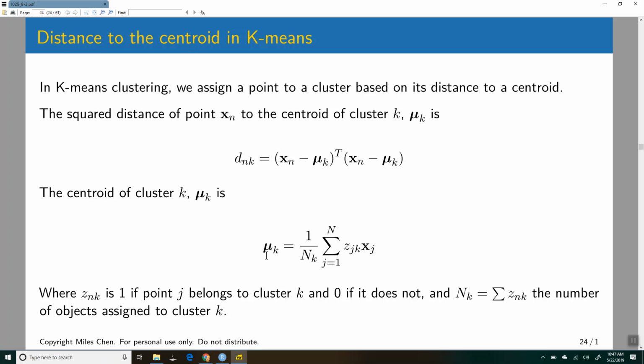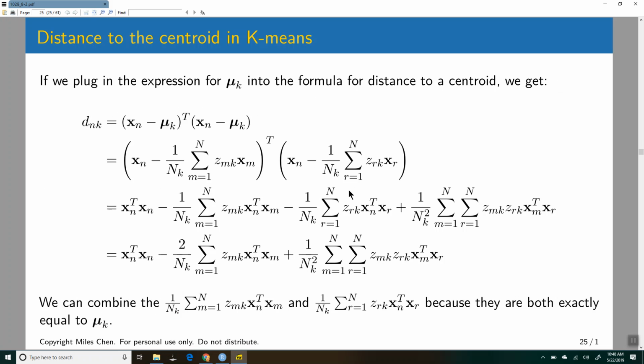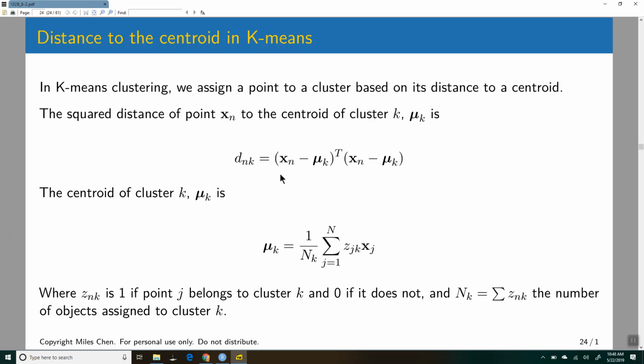And again, it's weird. We're not able to do things with the thing itself, but if we can express it as inner products, as we did here, now we're able to calculate the distance. The distance is found using an inner product, and so we can kernelize that.